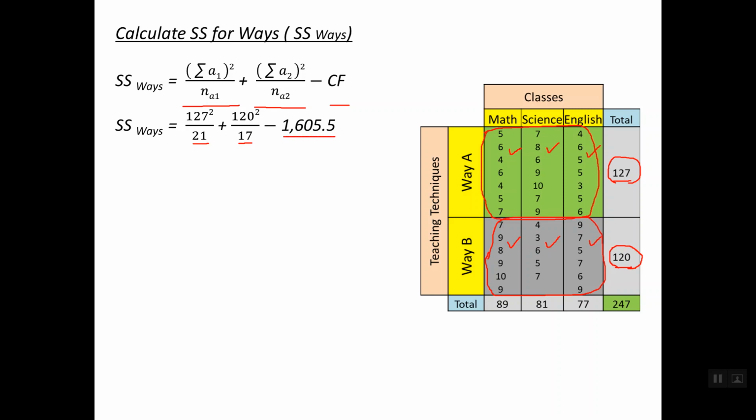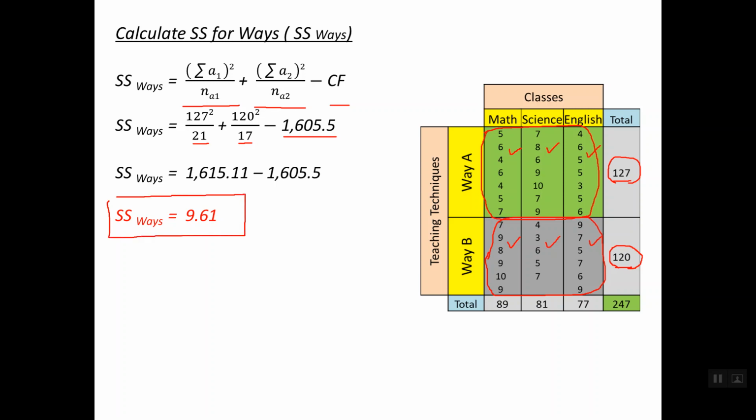And this is the value of the correction factor. So now you can proceed with the calculation. You get the value of the SS for the first factor to be 9.61. So this is how to calculate the SS for the first factor.